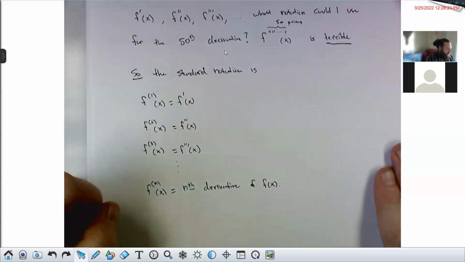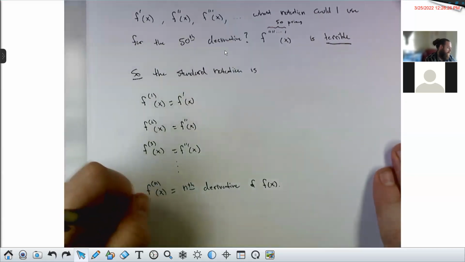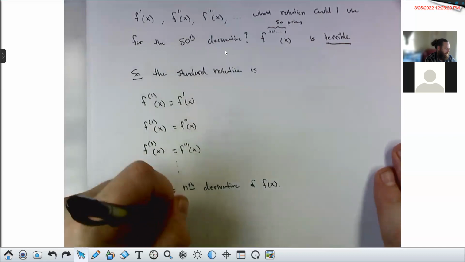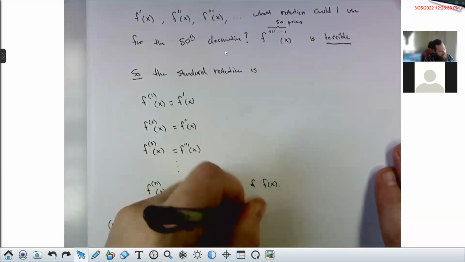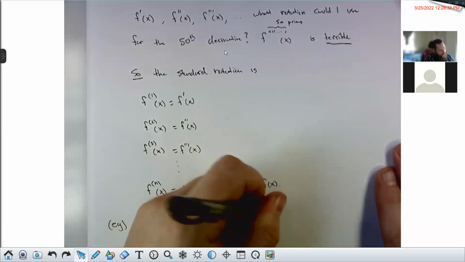So super quick example. I wanted to find f5 of x for f of x equals x to the 7.